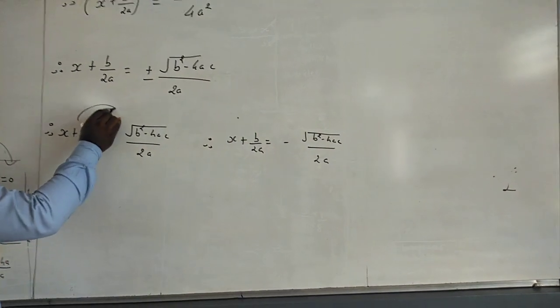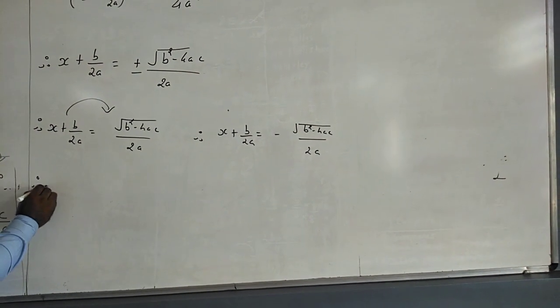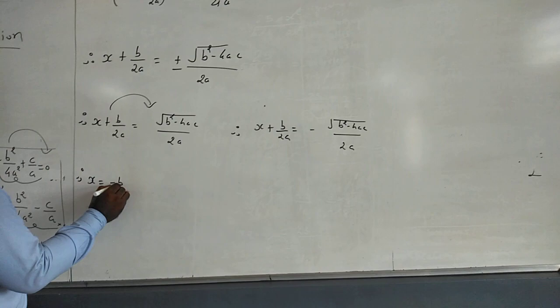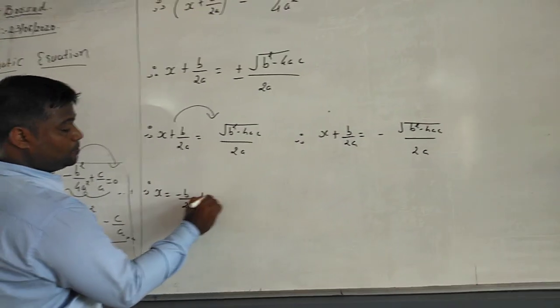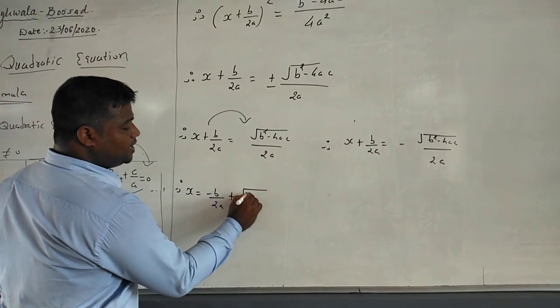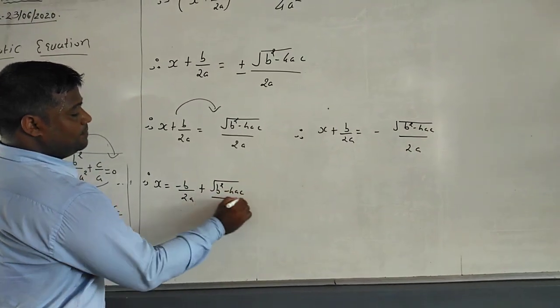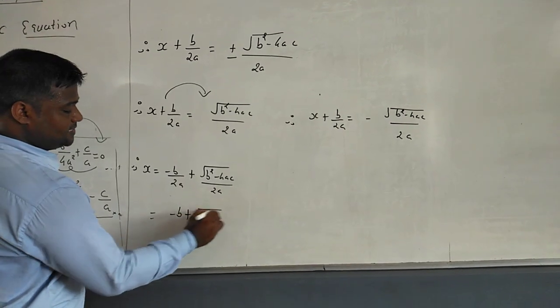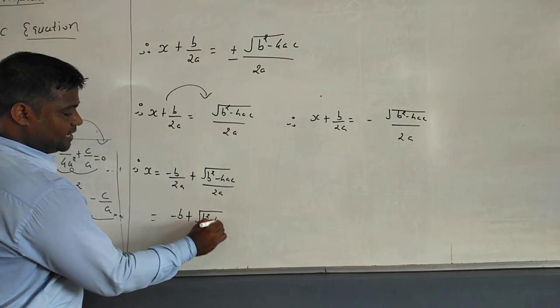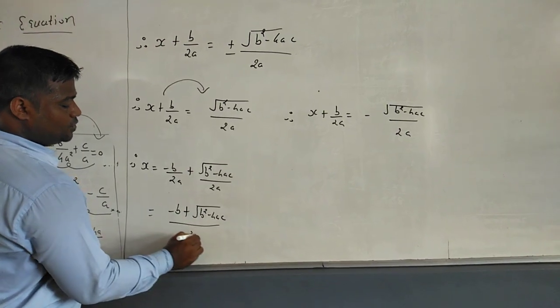When this goes over this side, it becomes negative. So x = −b/2a, already this is a positive one, plus √(b² − 4ac)/2a. The denominator is the same, so you are allowed to write (−b + √(b² − 4ac))/2a.